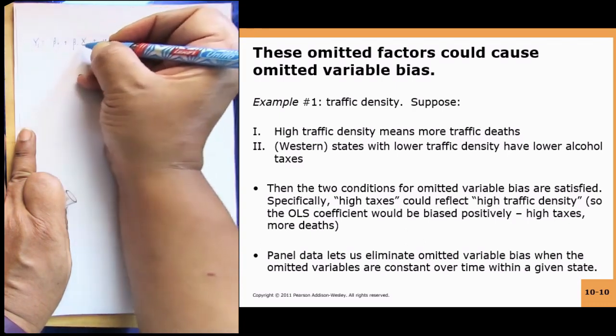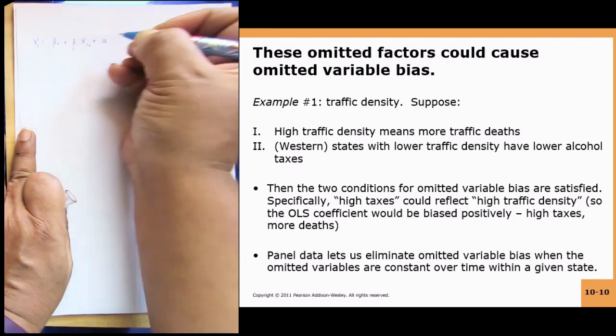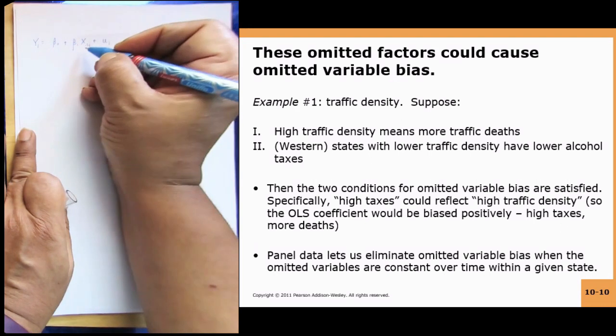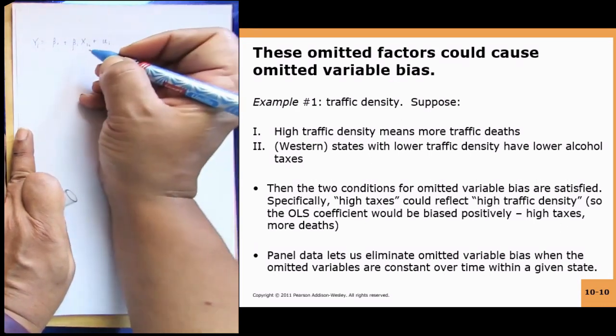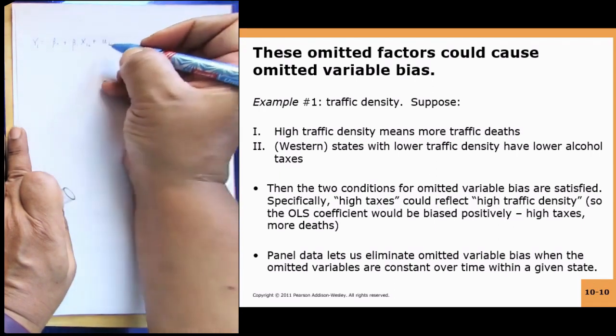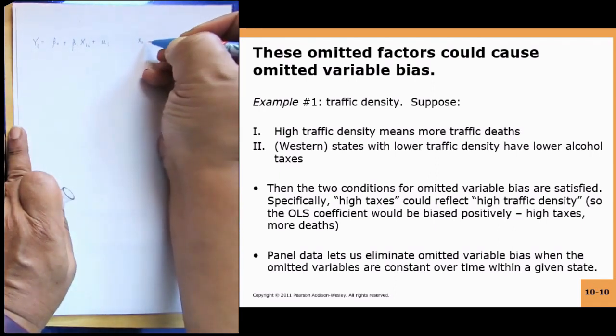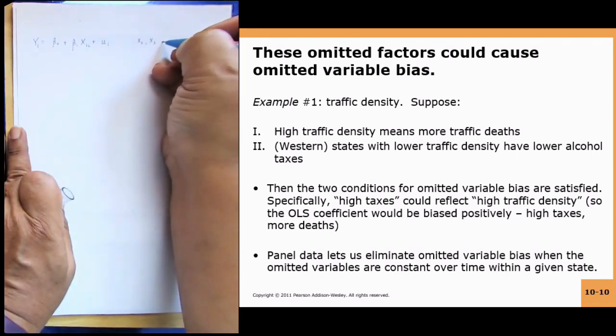yi equals beta 0 plus beta 1 xi plus ui. You have included x1 and you are trying to see the effect of x1 on y. You have omitted some variables, which are x2, x3, x4, and so on.